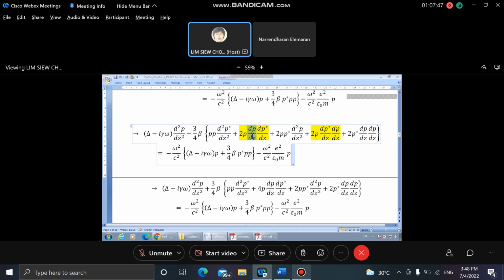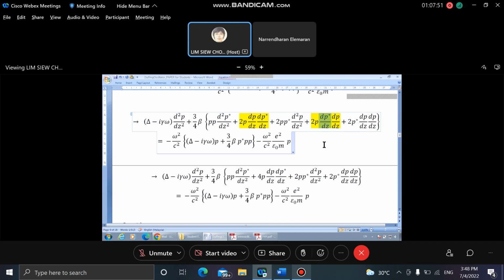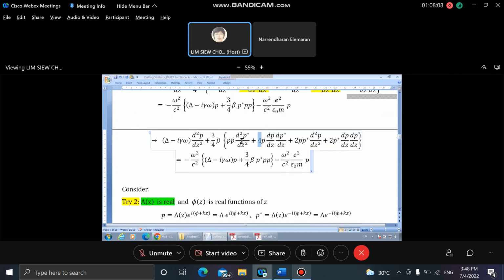The dP dz comes first, but in this term the dP star comes first. But they are the same. So in the first order, in one dimension, it should not be very different. So I assume that they are the same. So this term and this term, we collect together, become 4. So the 2 becomes 4. These are the only changes.